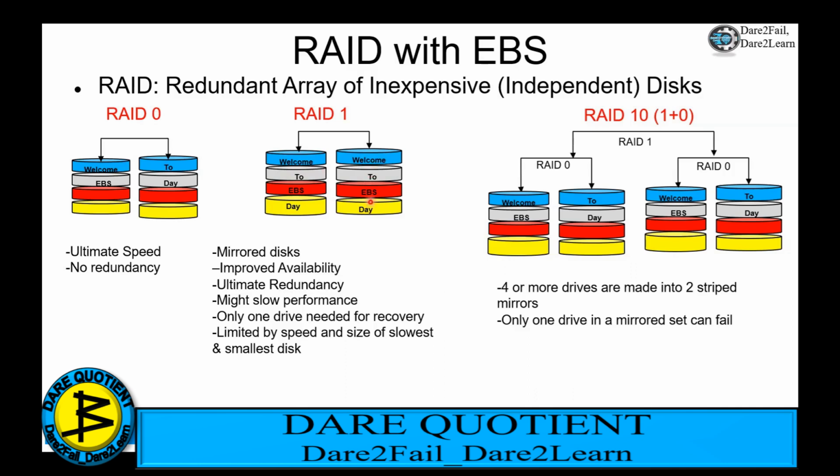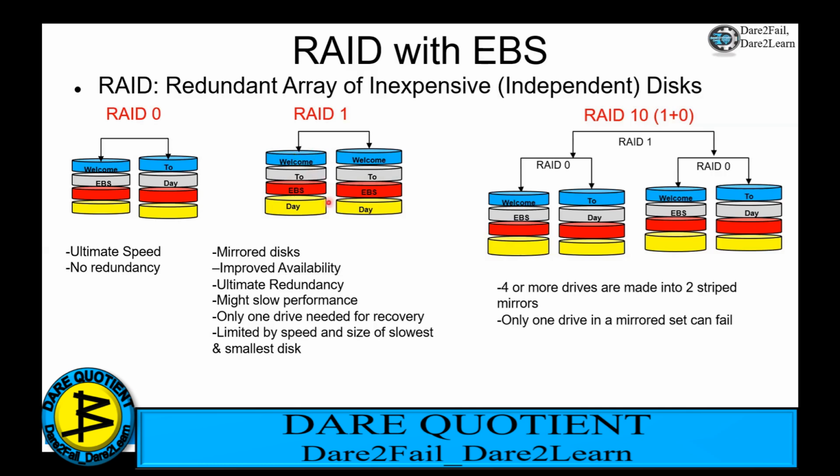With that, you have improved availability and ultimate redundancy, but you might have slow performance because your system still works on the storage capacity of a single hard drive, given that they're mirror images of one another.